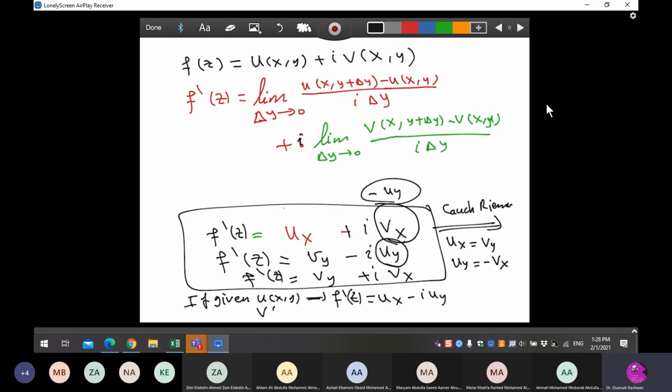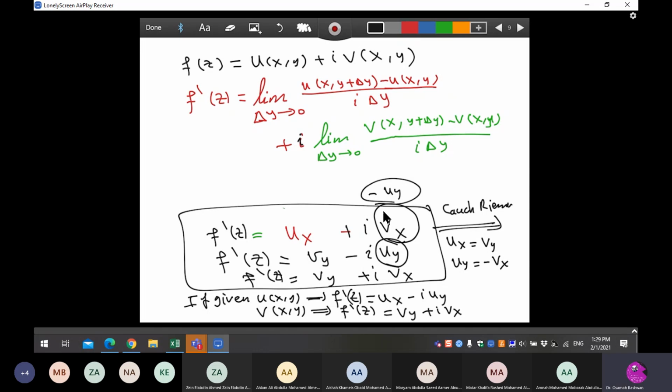If you are given the imaginary part, your derivative is vy plus i vx, right?